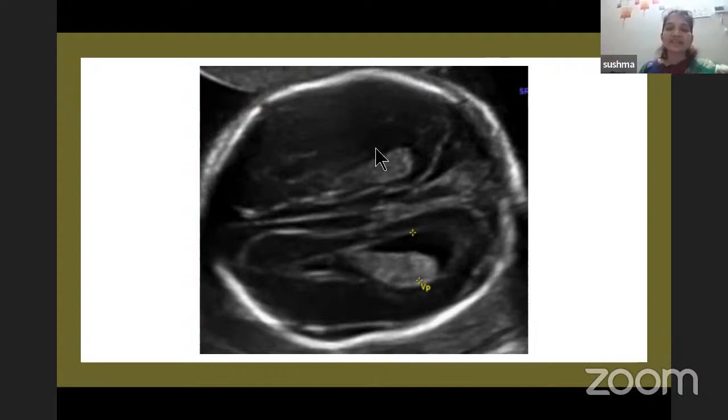Falx cerebri is this midline structure that we can see here. This midline structure is uninterrupted in this case. The rectangular box-like structure that we have to see after the interruption of this falx is absent. We can see two lines on either side of this falx.